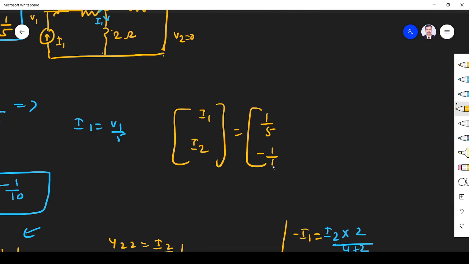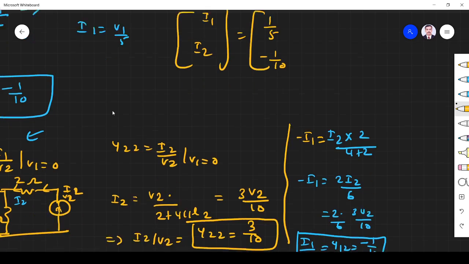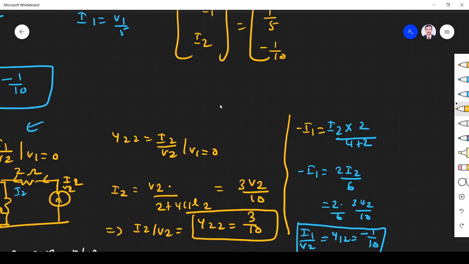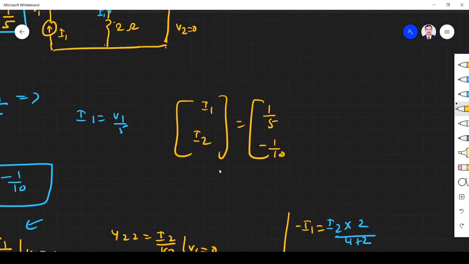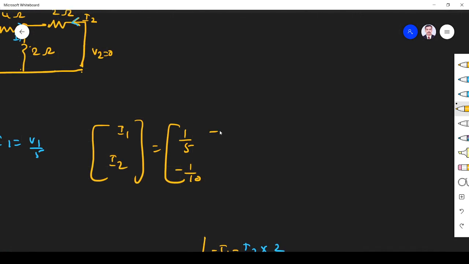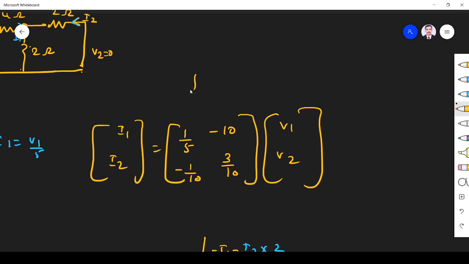Y21 is minus 1 by 10. Next, we found Y22 is 3 by 10. Y12 is minus 1 by 10. So this is minus 1 by 10, and this is 3 by 10. This is V1, V2. So this is the Y parameter matrix. Simple problem. Fine? Okay.